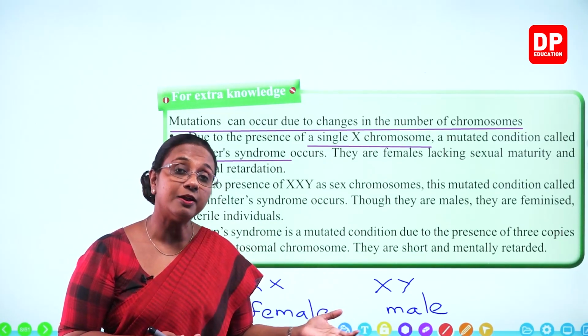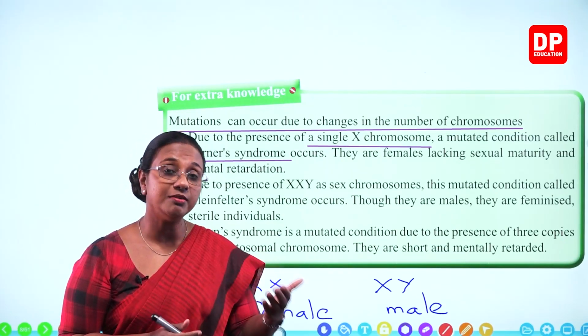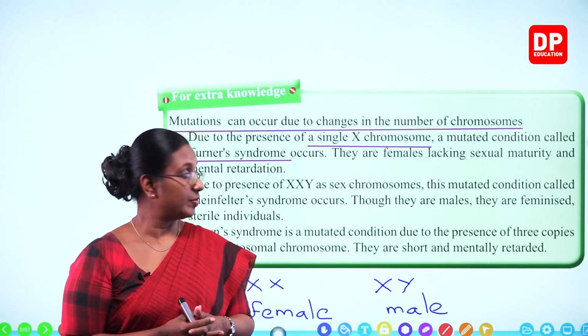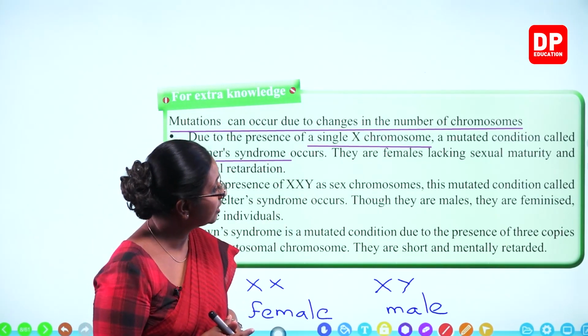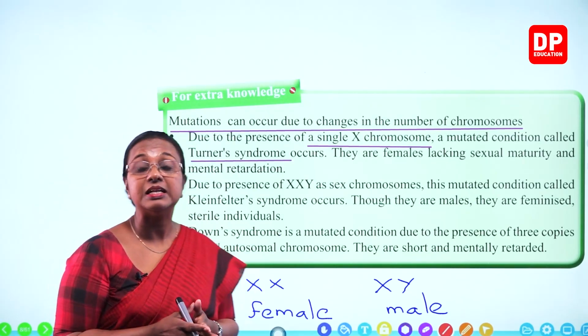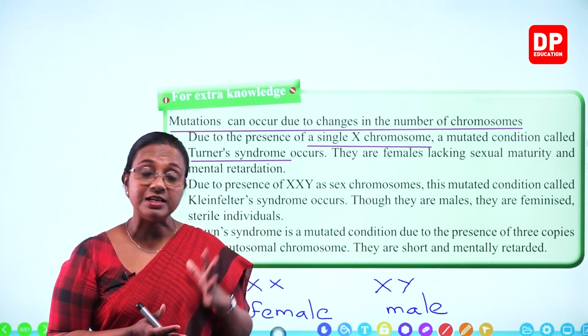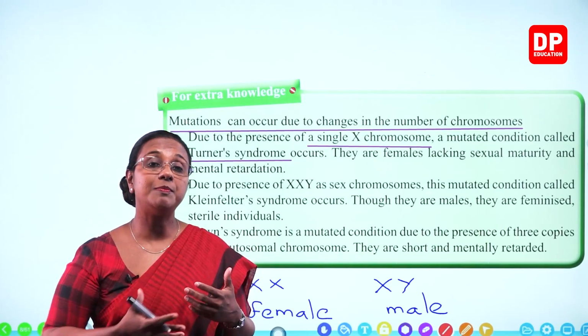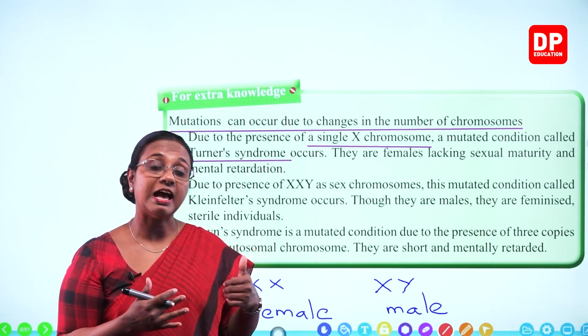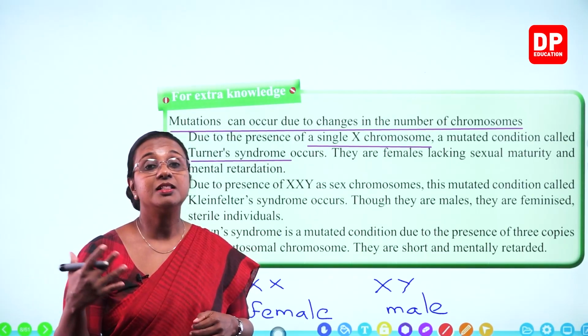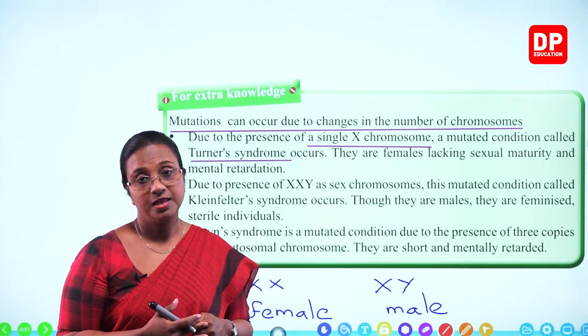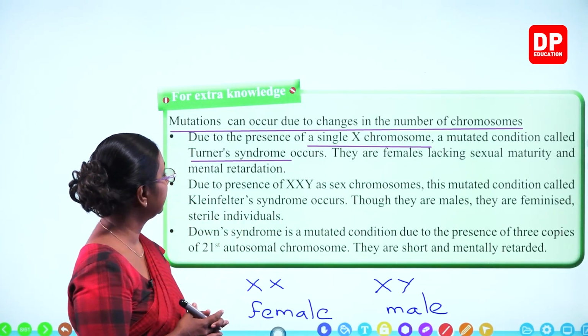That means they cannot reproduce. They cannot give birth to offspring. Their mental development, whatever development they have to show for their age, does not occur. So there is mental retardation.